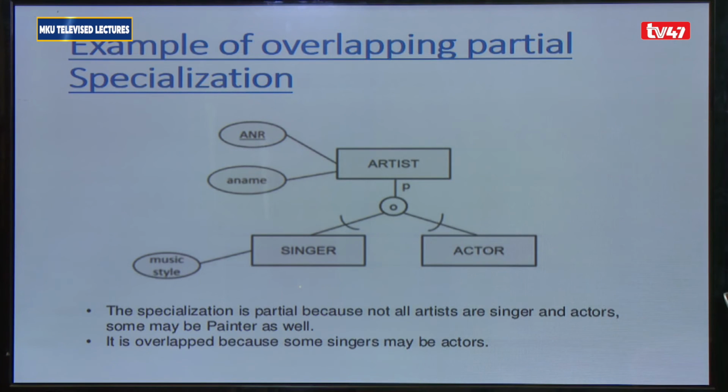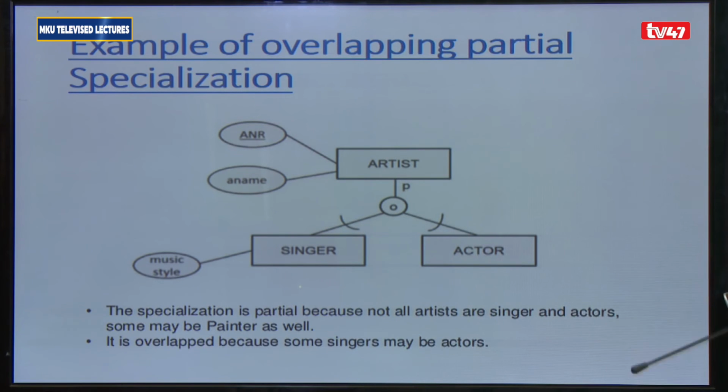And this O is what allows us to have an individual participating in more than one of these subclass instances. We also have a single line, which means that it is not a must that an artist be a singer or an actor. There are other types of art that may not have been captured in this particular case. For example, there are people who are talented in drawing.